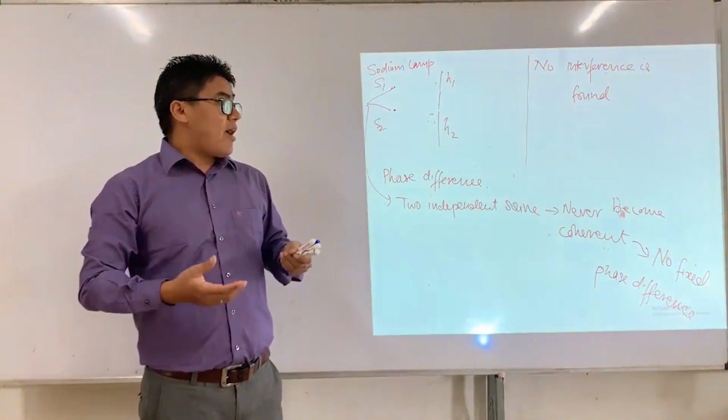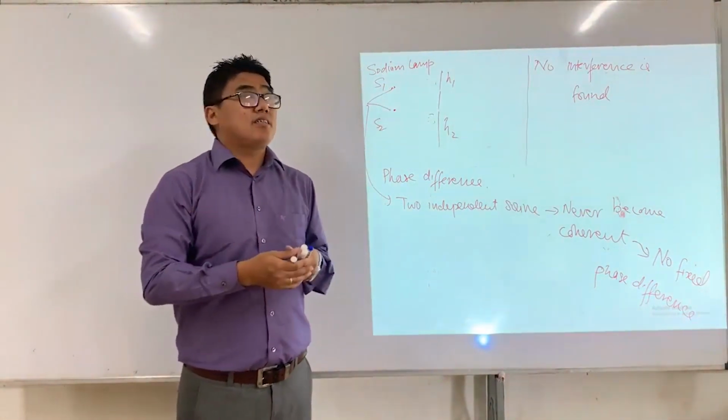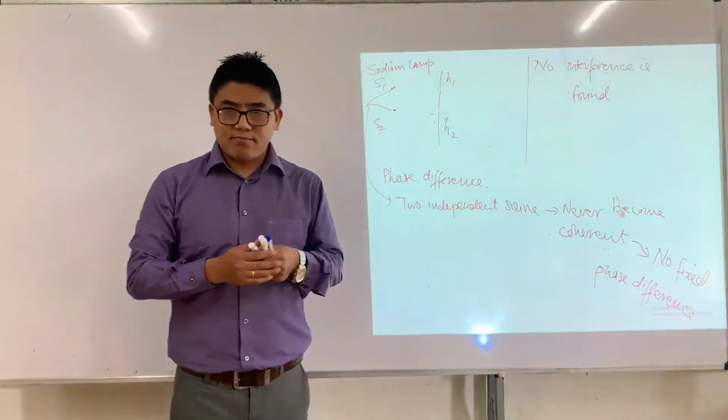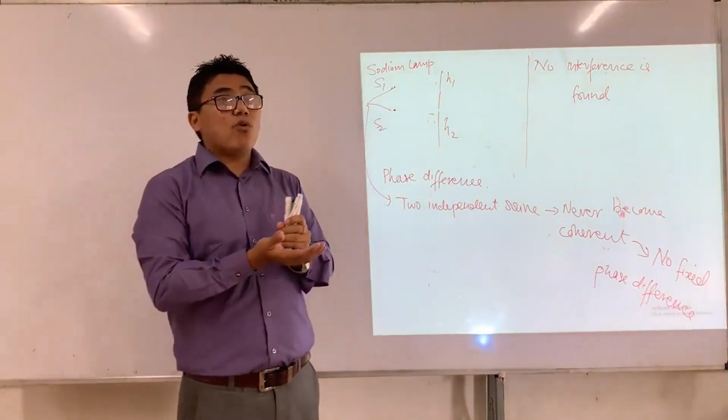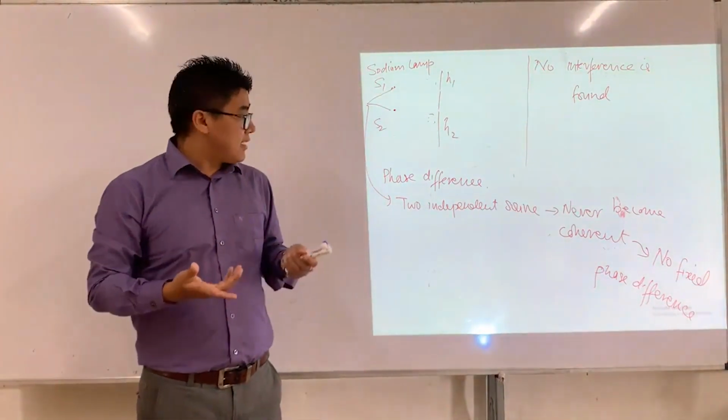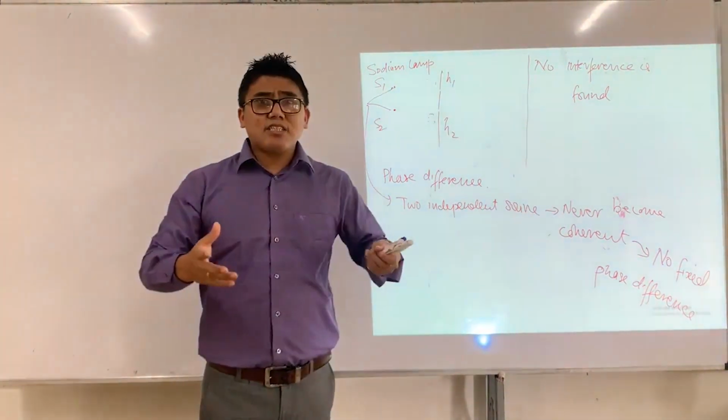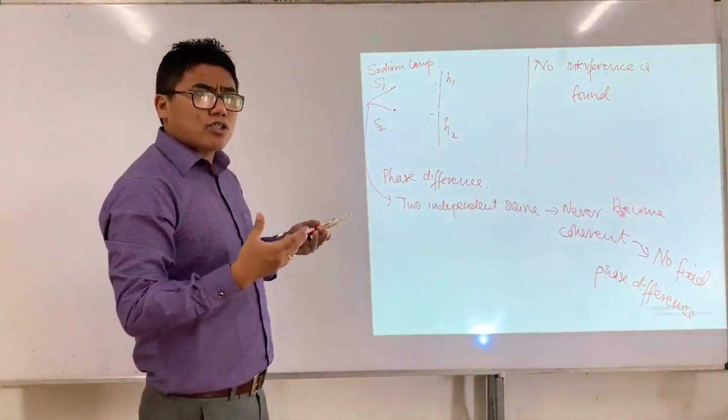And now the question is, why does the phase difference never become fixed, even though these two have the same frequency or are single-wavelength lights? The reason is maybe beyond our scope.